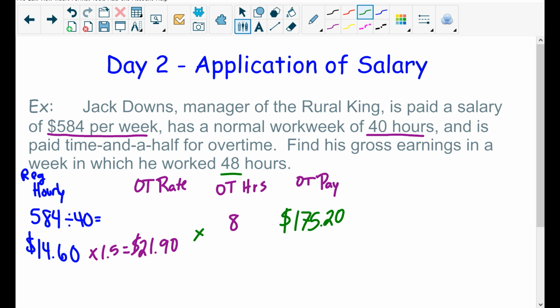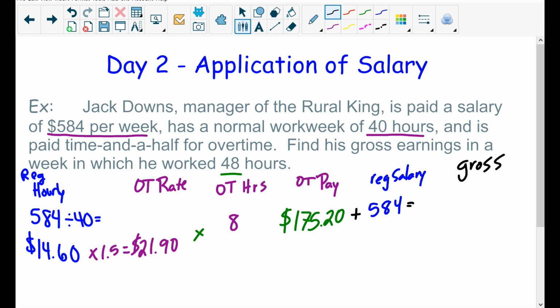What else do we need now to find the gross? Add what together? Yeah, so he also worked the 40, so for the 40, the regular salary was the 584, and so I'm adding these two together to get the gross for the week.